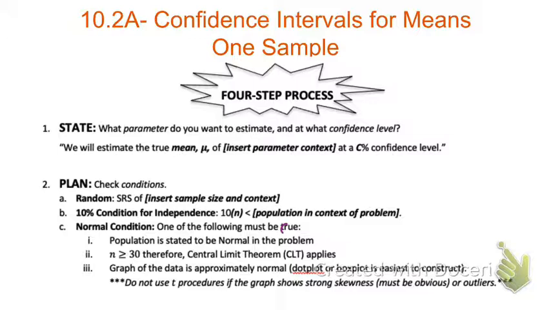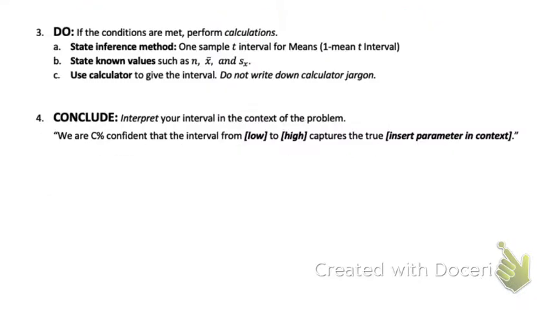And then for the do, that's when you just go to your calculator and use it to calculate the interval. It is called a one mean t interval. The technical name is a one sample t interval for means.